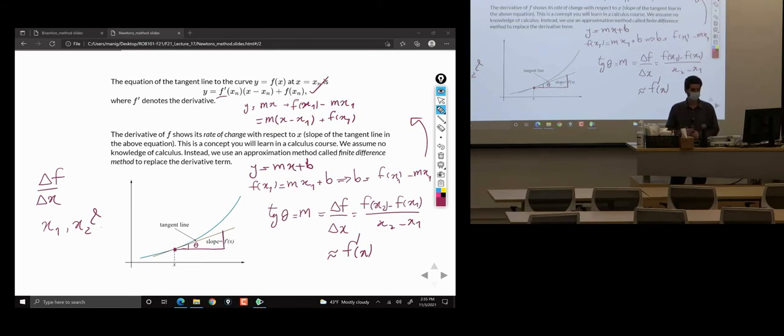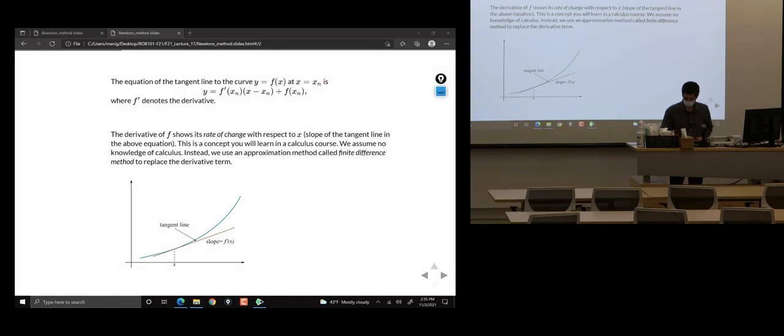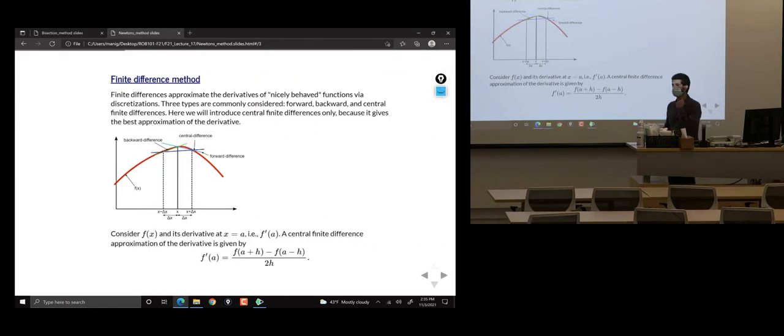And that brings us to the notion of the finite difference method. The finite difference method is a way of approximating the derivative, the slope, when you can only evaluate your function. You do not know anything else.